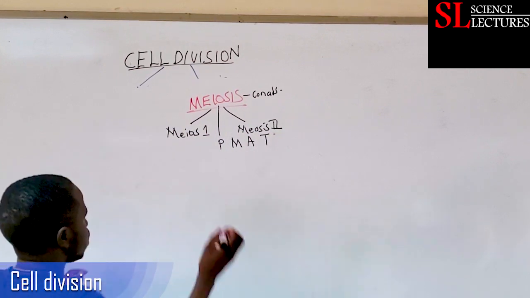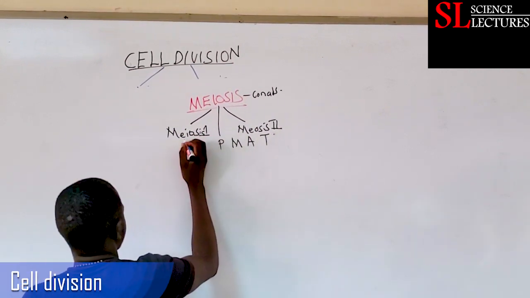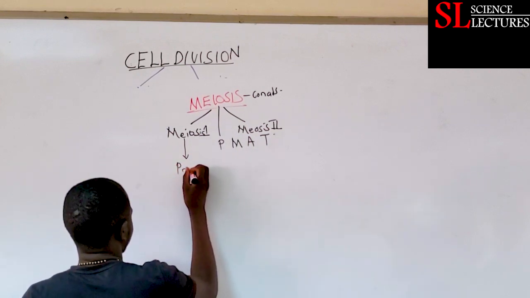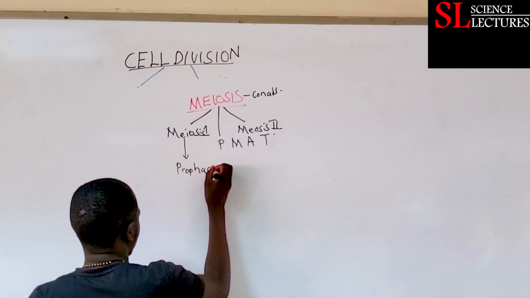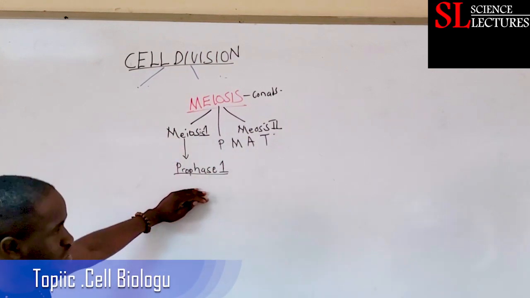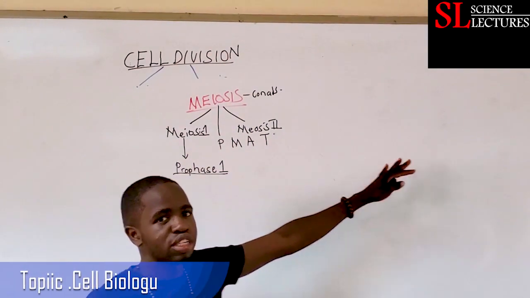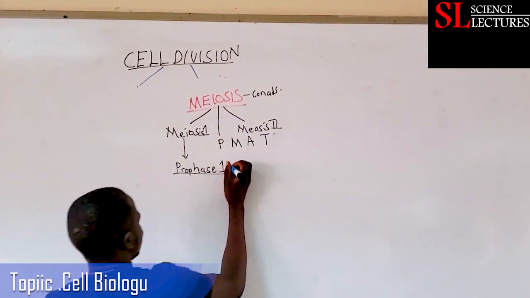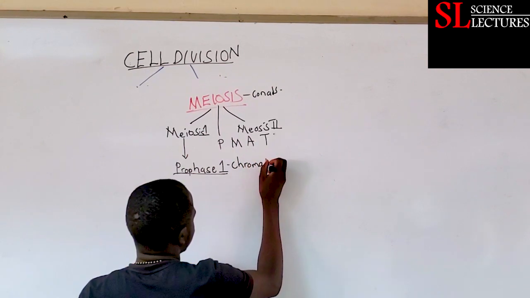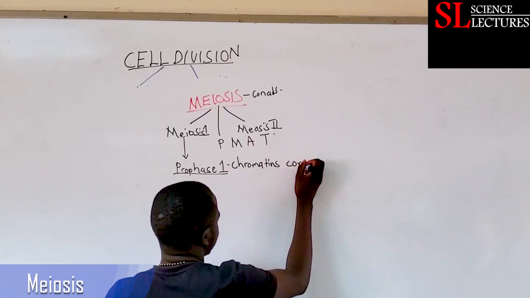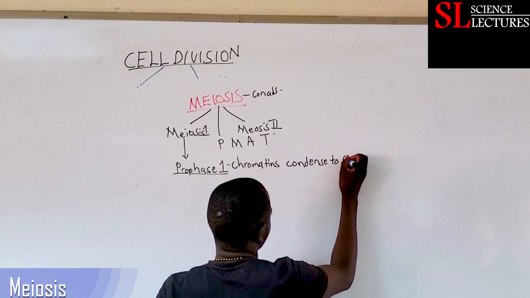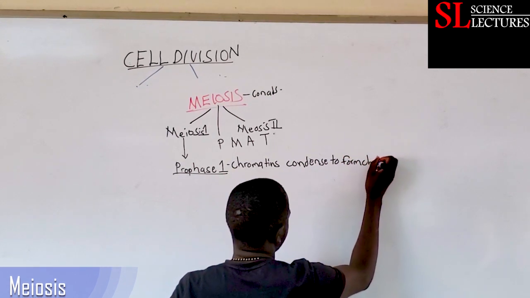Now let us look at meiosis 1. Meiosis 1 begins with prophase 1. Prophase 1 of meiosis 1 is analogous to the prophase we saw in mitosis, and we said that the chromatins condense to form chromosomes.